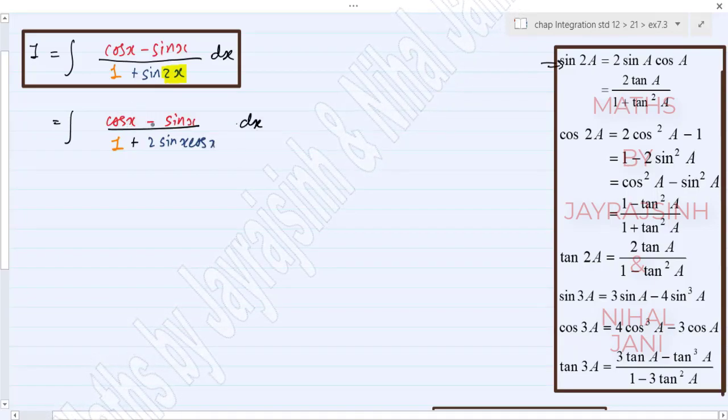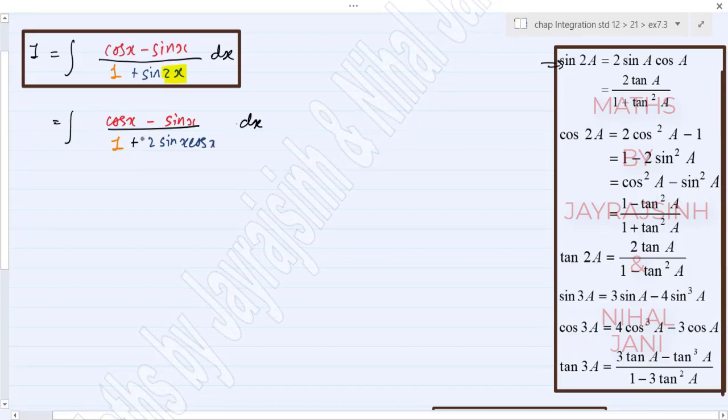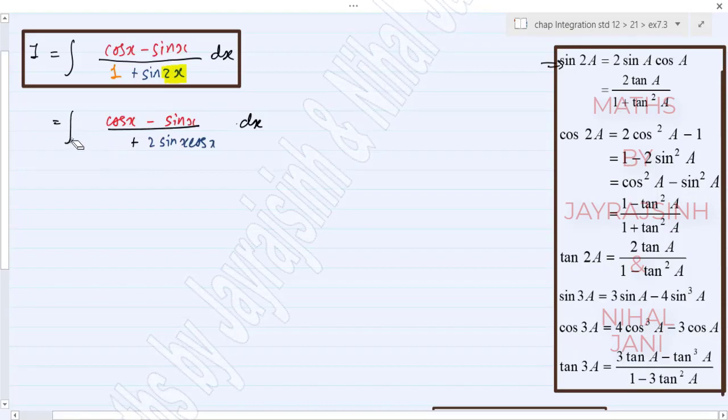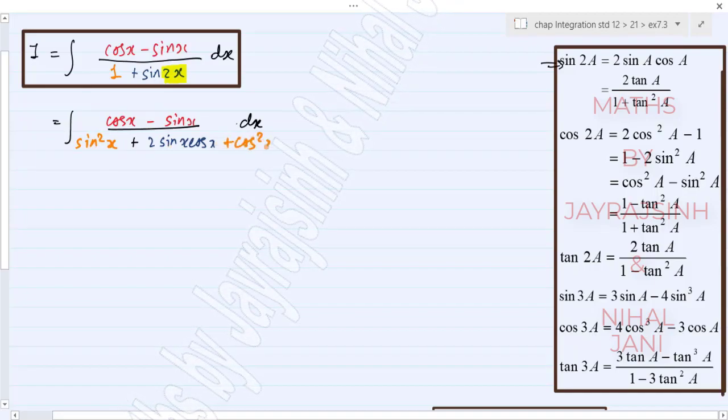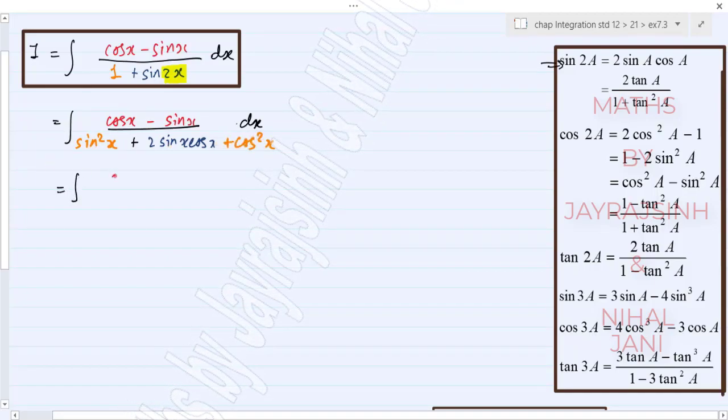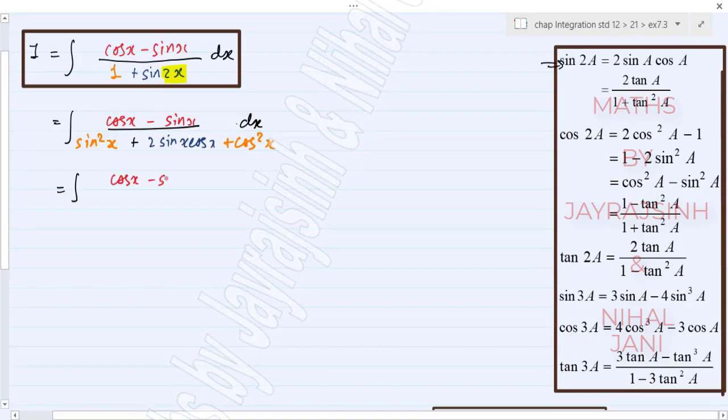Now, in the denominator, we have 1 plus 2 sin x cos x. To get the perfect square of sin x plus cos x, we have to convert this 1 in terms of sin square x plus cos square x. Your numerator still remains as it is.